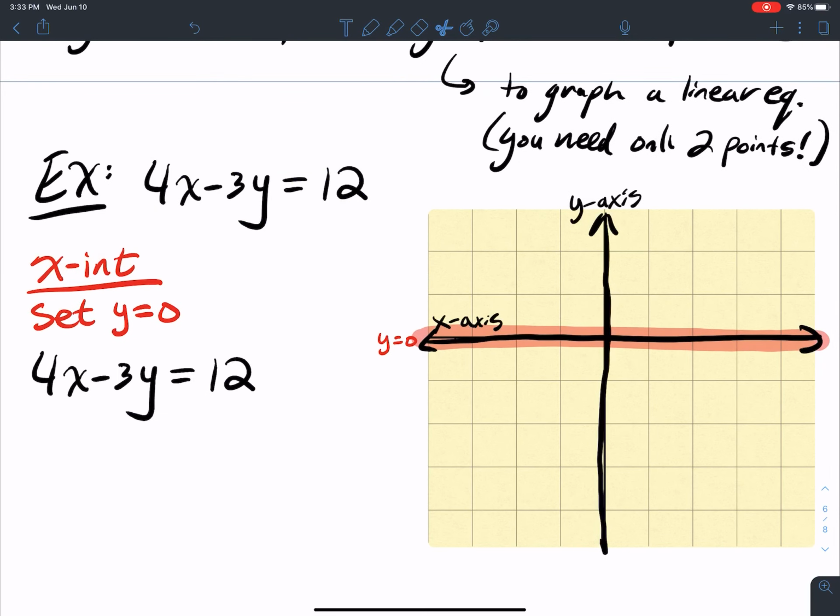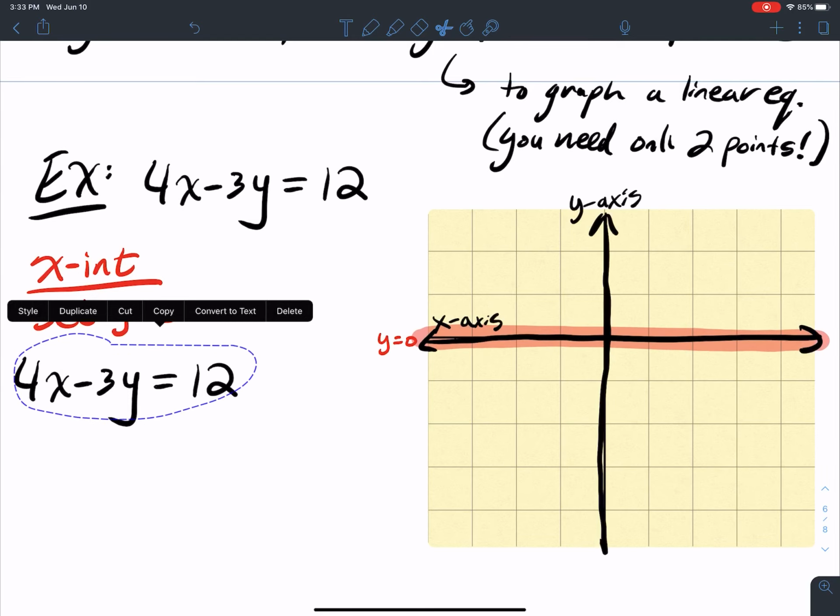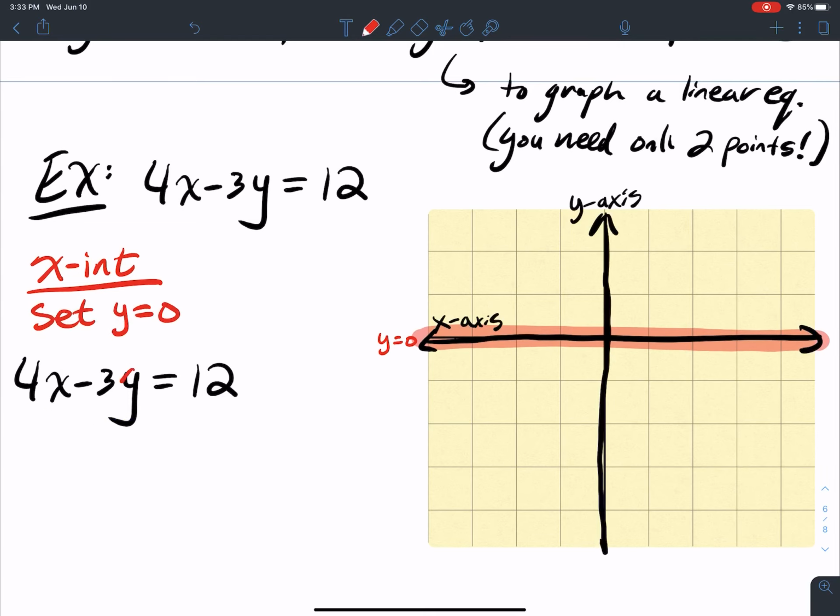Well, the y becomes 0. So everywhere I see a y, I put a 0. And so 0 times negative 3 is 0, so that gets me 4x equals 12. If I divide by 4, I get x equals 3.